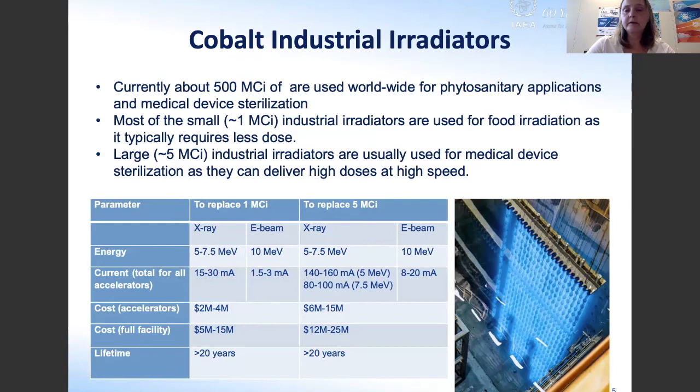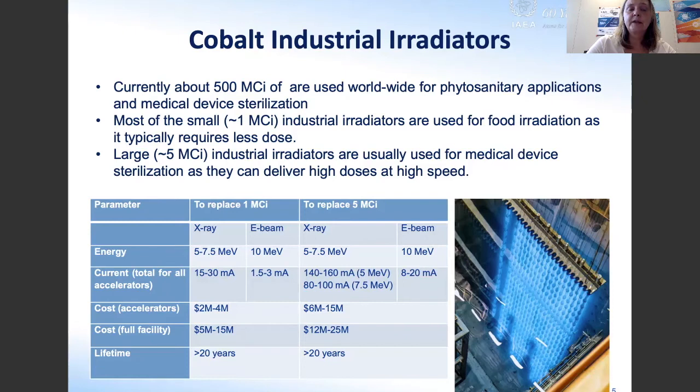And currently there are 500 megacurie of cobalt used worldwide for either food irradiation, that's typically true for lower activity facilities, or sterilization of medical devices, which is typically done at high activity facilities, on the order of 5 megacurie or so. The table at the bottom again summarizes the parameters of the accelerators that would be necessary to replace a 1 megacurie or 5 megacurie cobalt source.